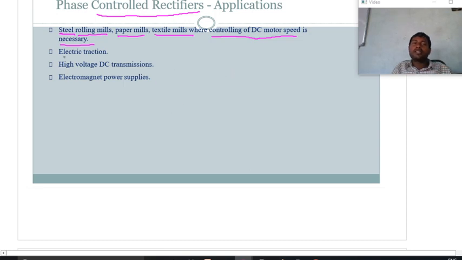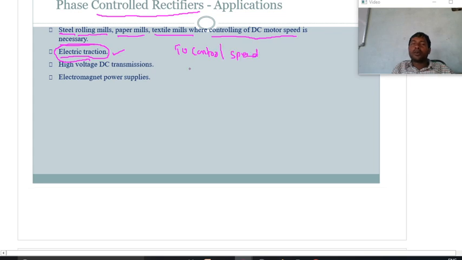These phase control rectifiers are also used in traction, in electric locomotives like Indian Railways, to control the speed of the train.